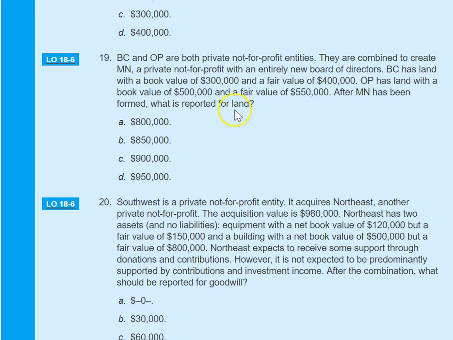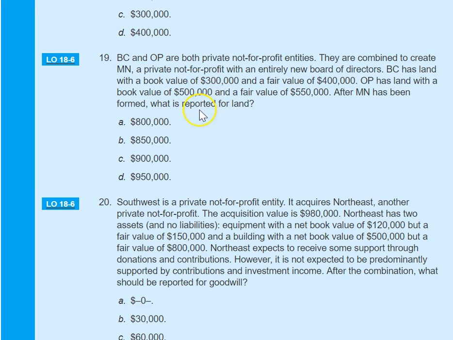So they're gonna combine these two entities' assets and liabilities, and they will take the book values, not the fair values. So this is called the carryover method, and not-for-profit entities will use it in case of merger. So now BC's land book value is 300,000, and OP's land book value is 500,000.